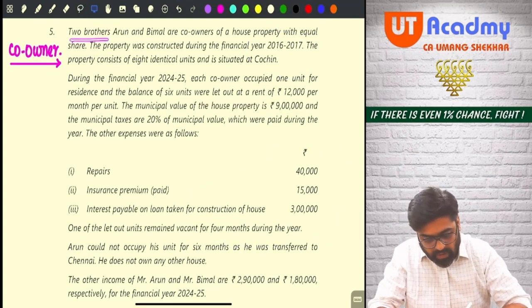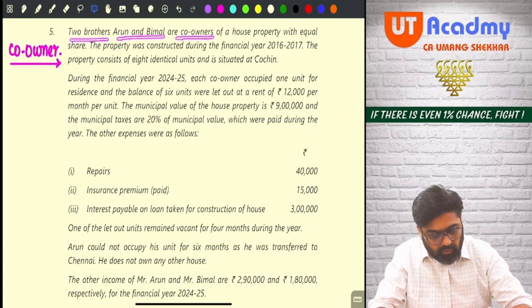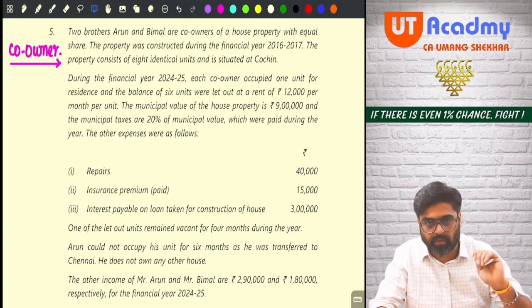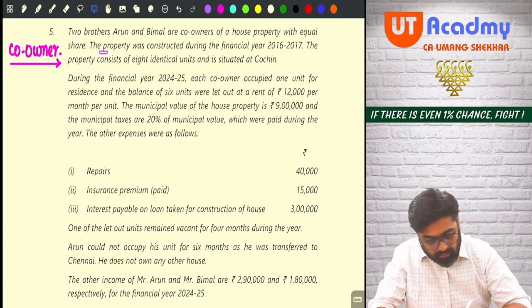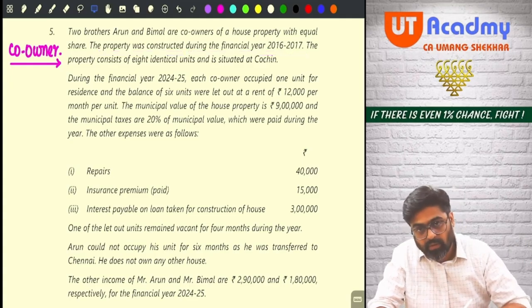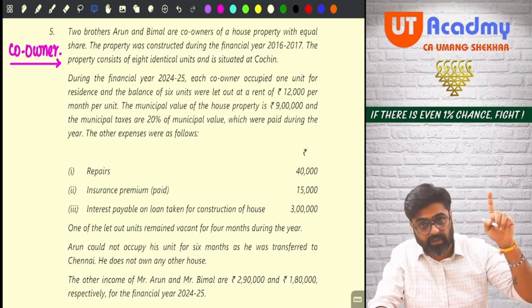Two brothers, Arun and Bimal, are co-owners of a house property with equal share. So there is equal ownership in the property. Okay. The property was constructed during the financial year 16-17. Construction completed in 16-17, right?